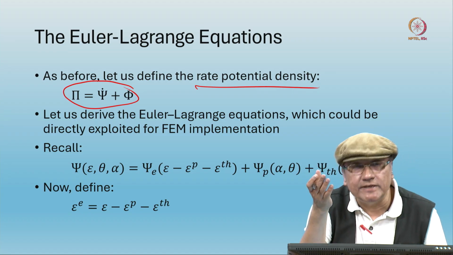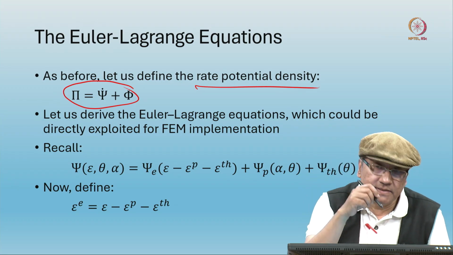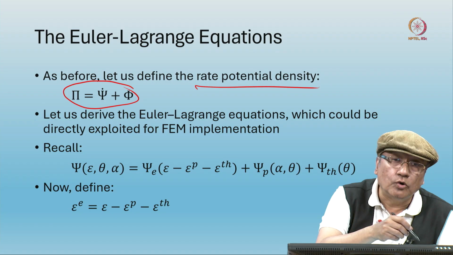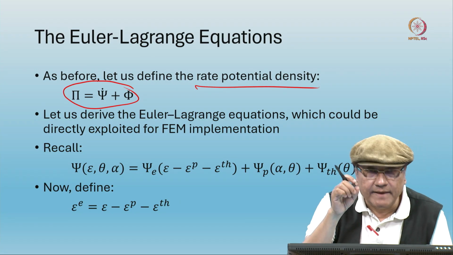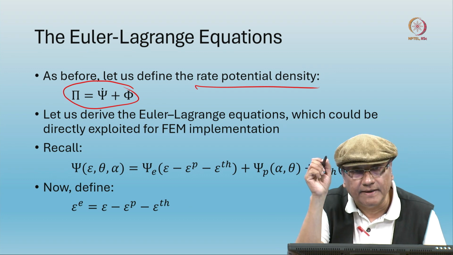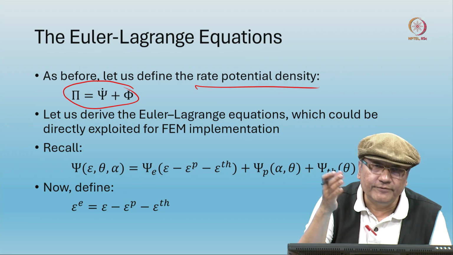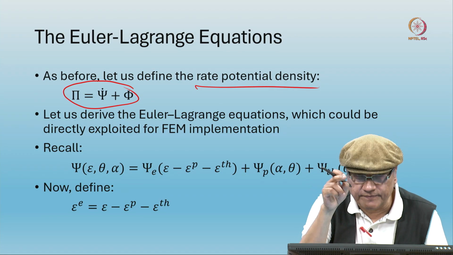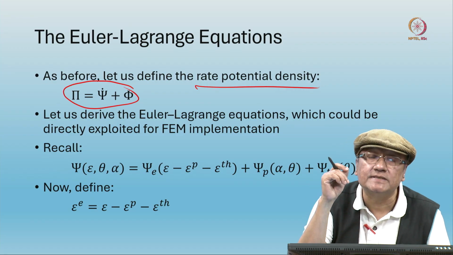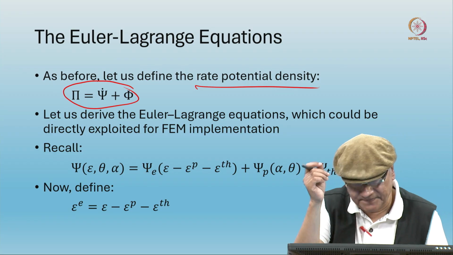You take variation of strain energy in elasticity, you take variation of pi here, right. Sometimes a local variation, that is pointwise at the Gauss points, if you take the variation of pi, the rate potential, with respect to the internal variables, that means the rate of the internal variables, then you will be getting what is called the flow rule, right.